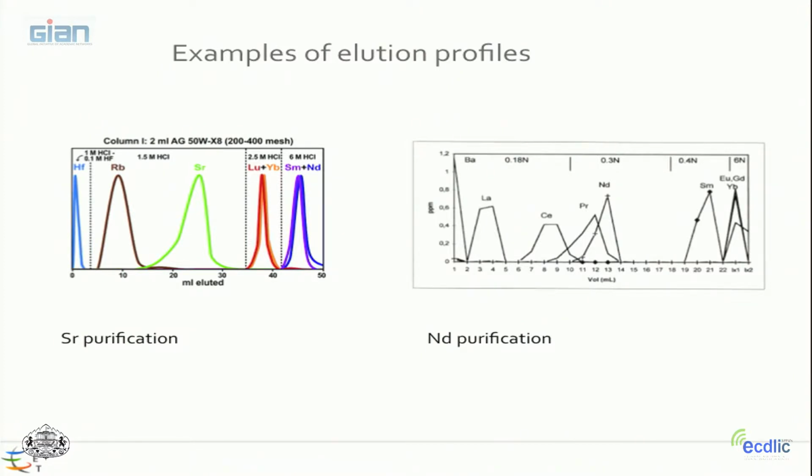For example, you can have lithium-6 going out of the column here, and lithium-7 going out of the column here. But this is not the case for strontium. This is not the case for neodymium. So that's the basics of what we call ion exchange chromatography applied to isotopic chemistry.